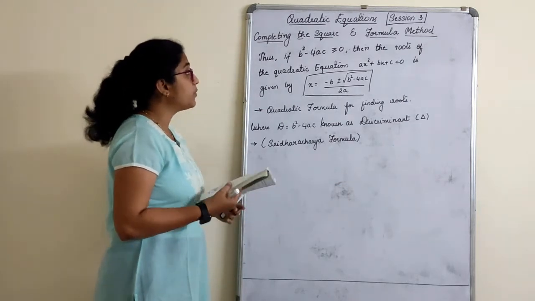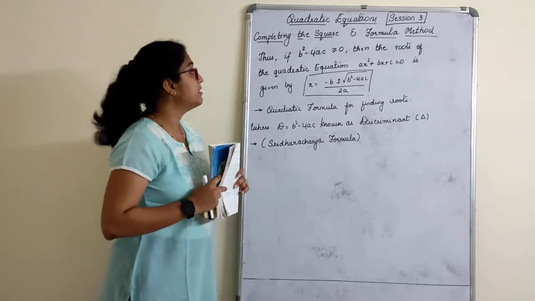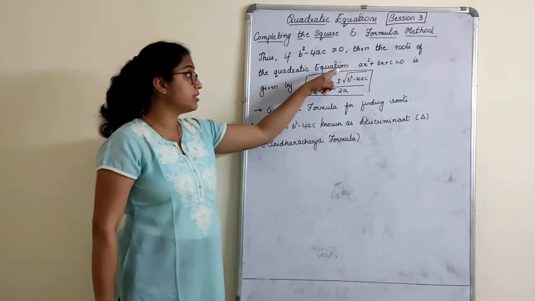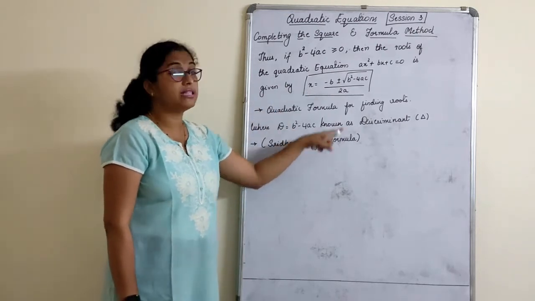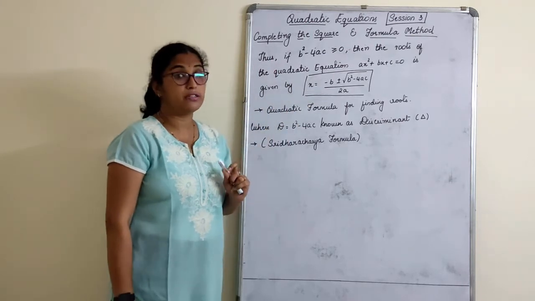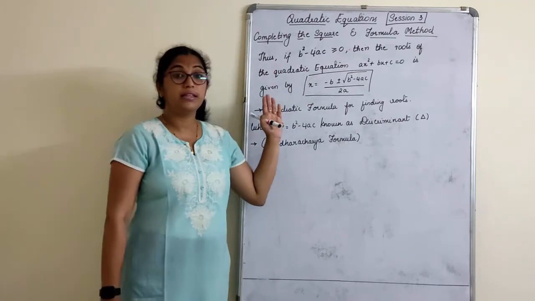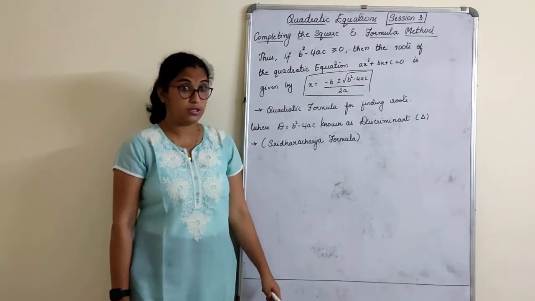Thus if b square minus 4ac is greater than or equal to 0, then the roots of the quadratic equation ax square plus bx plus c are given by x is equal to minus b plus or minus square root of b square minus 4ac upon 2a. This is called the quadratic formula for finding roots.